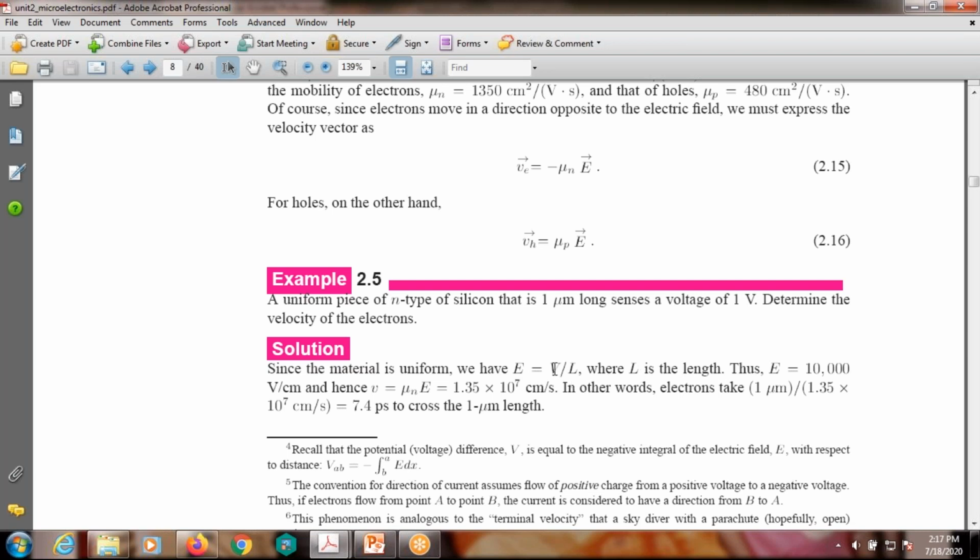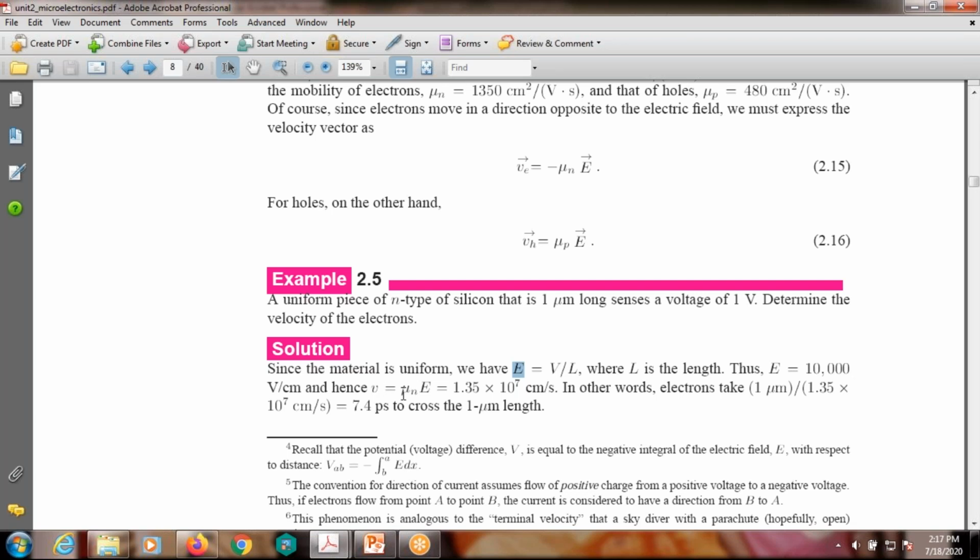V is equal to 1 volt, and the length is 1 micrometer, that is 10 power minus 6 meters. Expressed in centimeters, that is 10,000 volt per centimeter. So the electric field inside this silicon, when we apply only 1 volt, is 10,000 volt per centimeter.